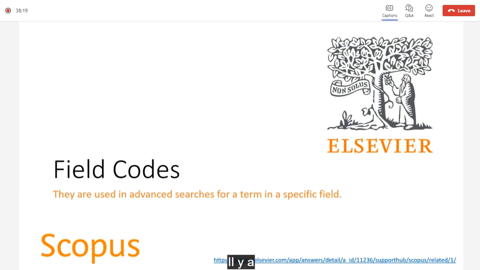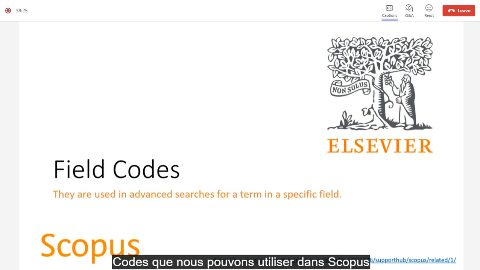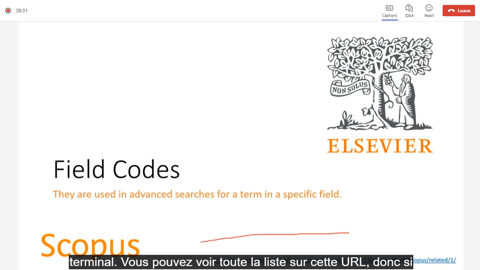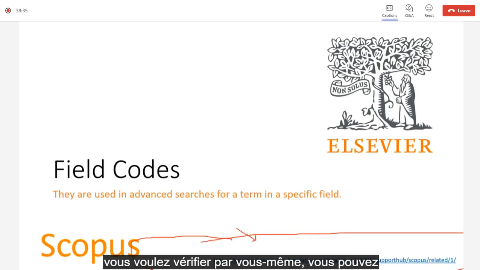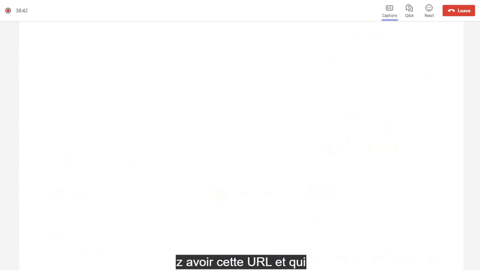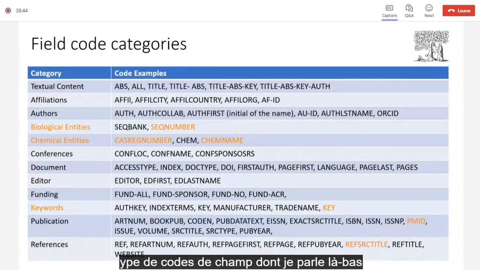There's also another kind of code that we can use in Scopus. These are used in advanced searches for a specific field. You can see the whole list at this URL, so if you want to check by your own, you can have that URL. And which kind of field codes am I talking about?